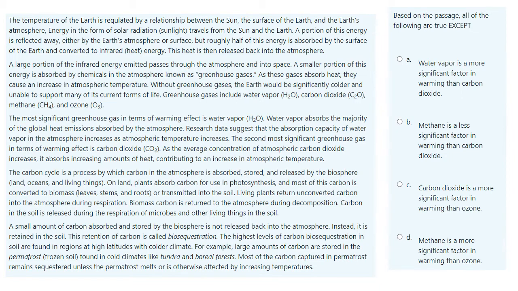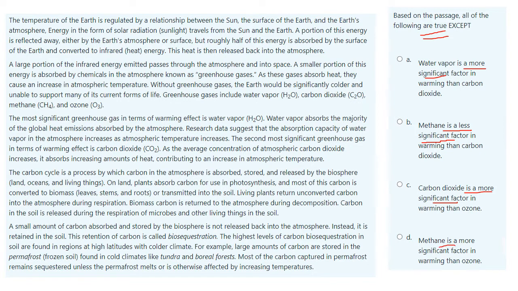Based on the passage, all of the following are true except: water vapor is a more significant factor in warming than carbon dioxide. Methane is a less significant factor in warming than carbon dioxide. Carbon dioxide is a more significant factor in warming than ozone.